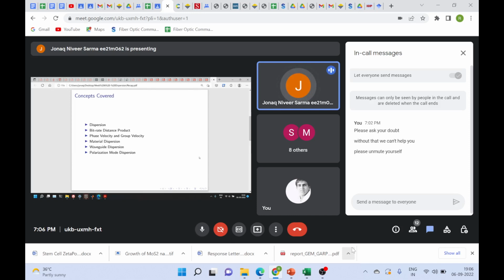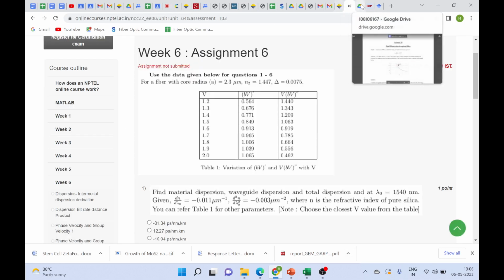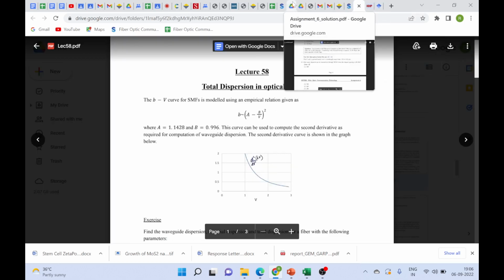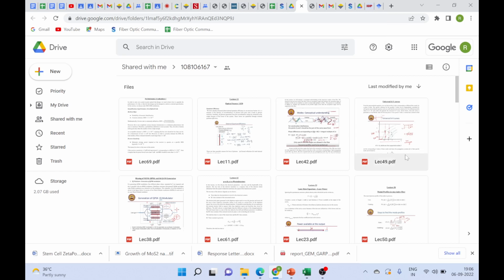Then we went and introduced the concept of bit rate distance product, how the trade-off happens. Then one important topic came up, phase velocity and group velocity.